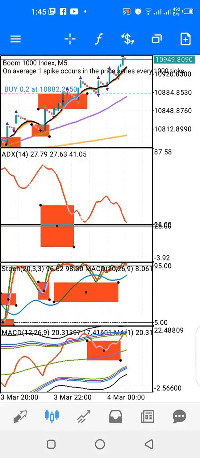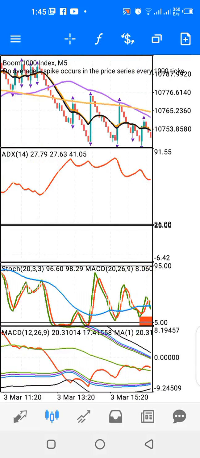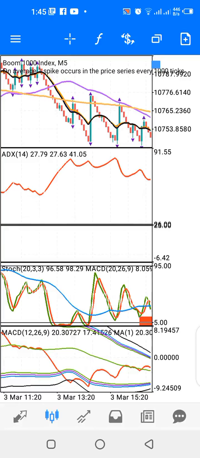For indicator window 3, when the red line dips below, like you have a dip below here, stay out of action since we are trading Boom index.